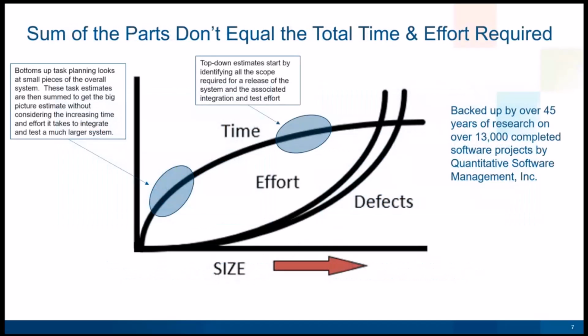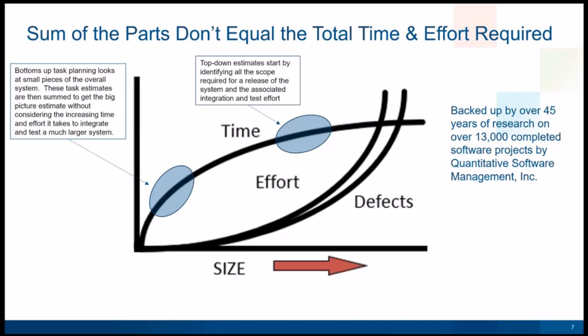I just want to take a minute and look at some of the things we've discovered over the last 45 years in terms of how software projects behave, in terms of their demand for resources as the amount of scope changes. Up here, I've got a little graph. On the vertical dimension, I'm looking at schedule, effort, and defects, and on the horizontal axis, we're looking at size and scope.